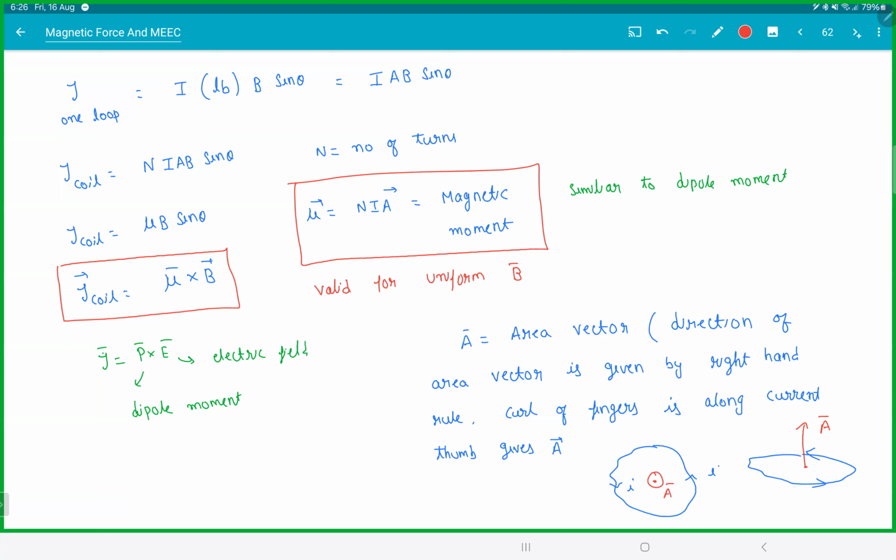Have a look at this. So there is a main formula here. Torque on a coil is mu cross B, and mu is NIA.